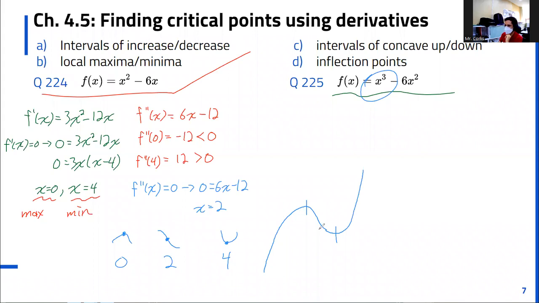Let's redo that inflection point. So about here. That's roughly what the graph of this would look like. We don't know the vertical location, but this is the general pattern that we see.